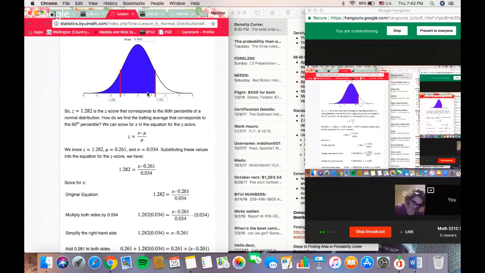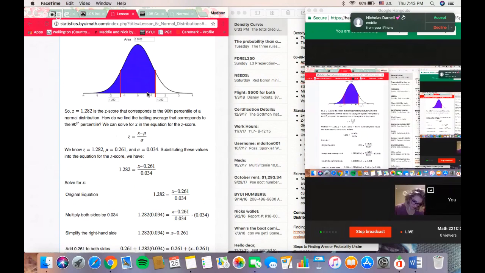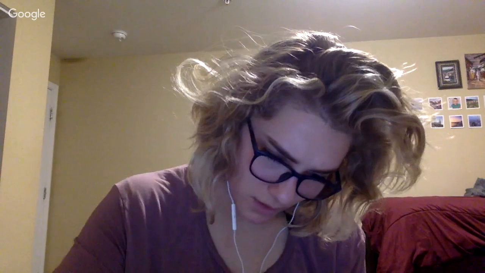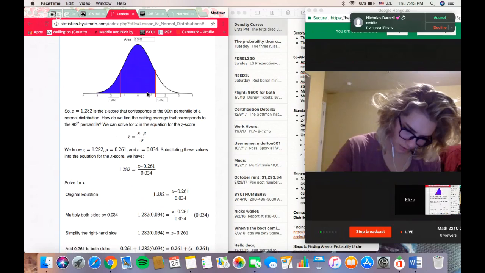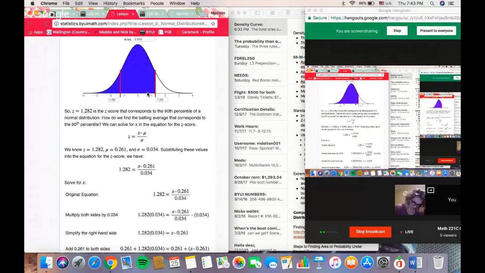So then it's x. Okay, so then you do... Oh gosh, I lost it. Okay, negative 0.65 divided by 0.07 equals x.